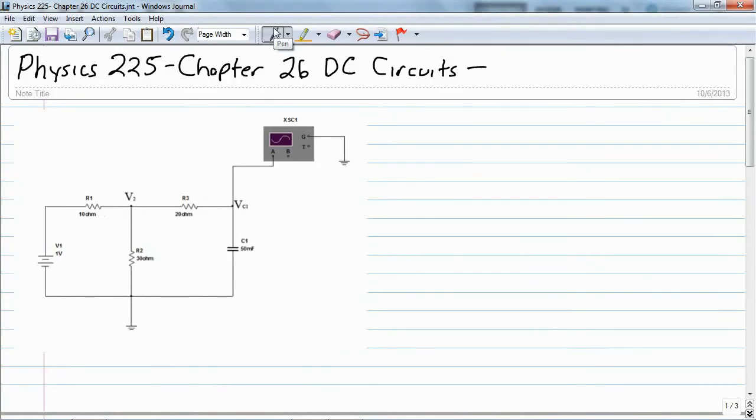There is a circuit analysis technique that is called the Thevenin method, and it's quite a funny name.